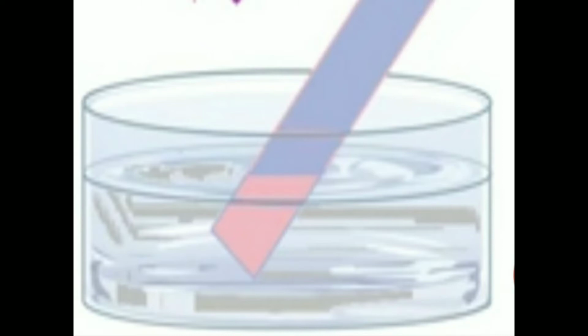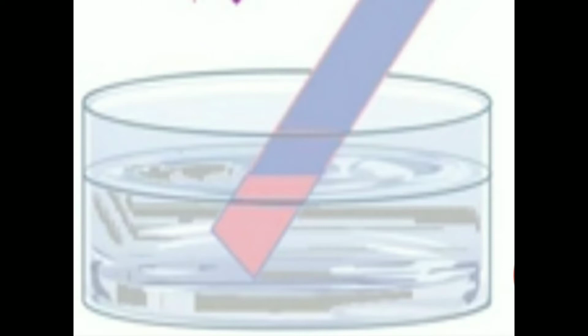Let's see how the litmus paper reacts differently with an acidic solution and a basic solution. Now, when this litmus paper is put into a solution which is acidic in nature, the blue litmus paper turns red, only the part of the litmus paper in contact with the solution. So this spot changes its color from blue to red.